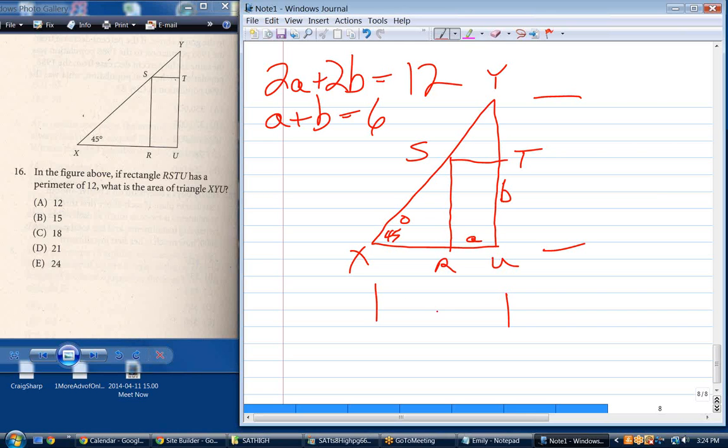What I'm thinking is that this measurement from here to here is Z minus B, if this whole thing is Z. And then if this whole thing also has to be equal to Z, this would be Z minus A, that's just from there to there.